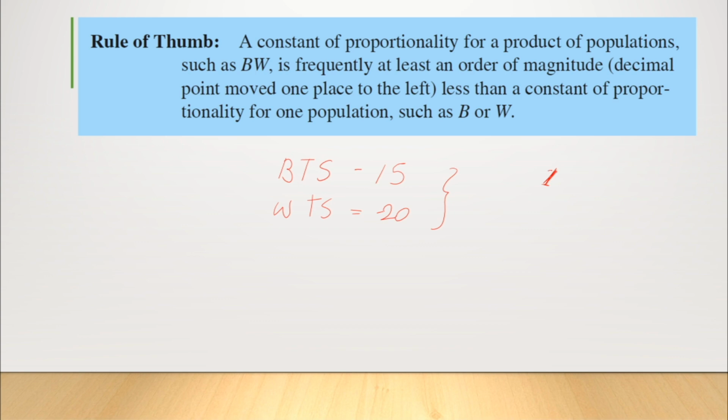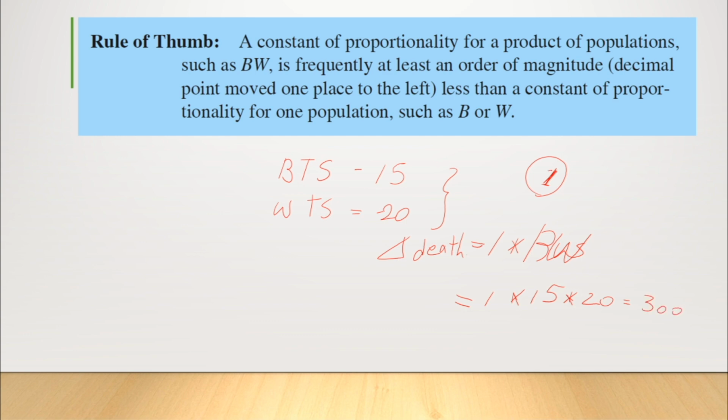But if your death proportionality constant is 1, what's going to happen is you multiply B by W, the big W here, and multiply that by 1, right? If you call this the change of death, or the death equation, this will give you what? 1 multiplied by 15 multiplied by 20. What do you get? 300, right?